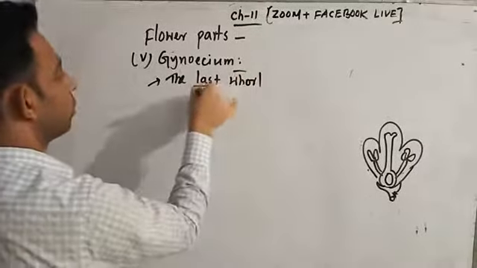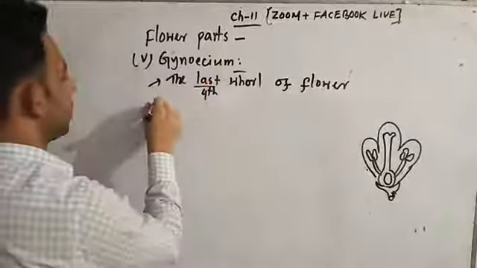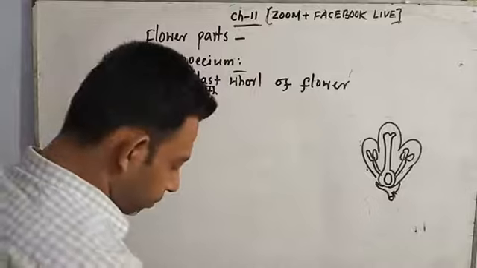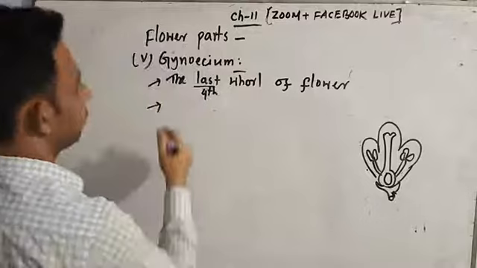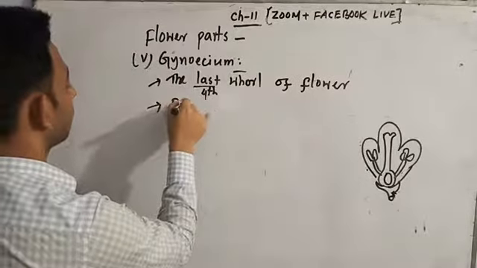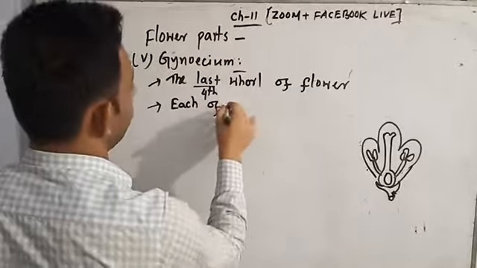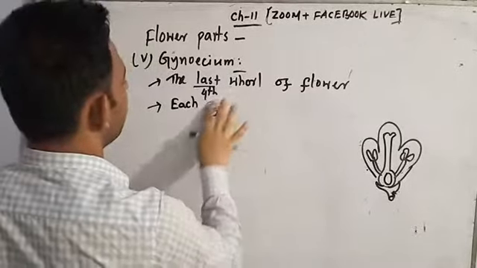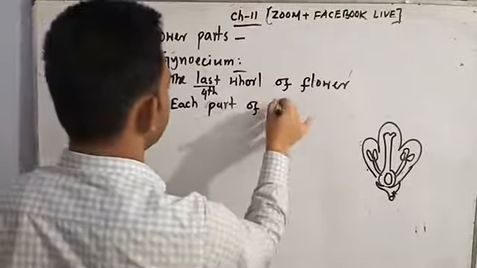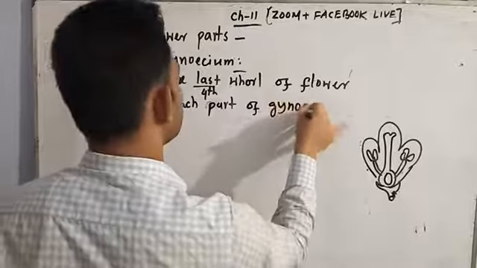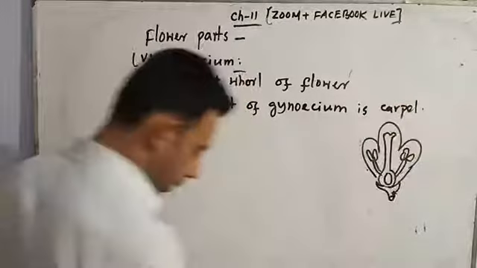The 4th whorl of the flower. It is also an essential whorl. Each part of the gynoecium is termed the carpel.